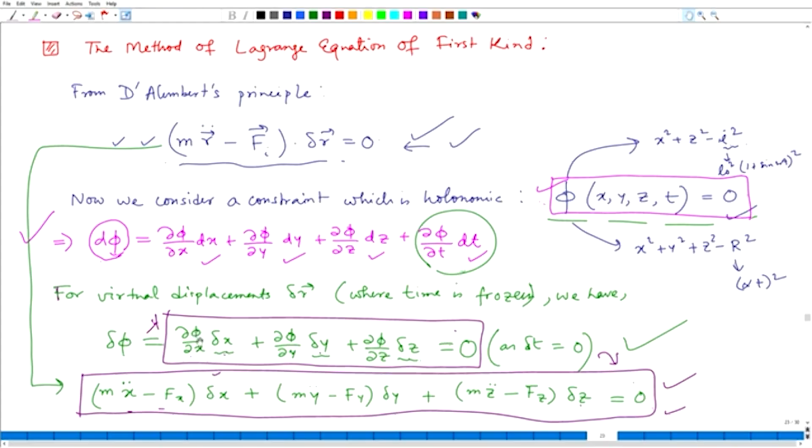Instead of saying that individually they are 0 and their exact sum is 0, another more general mathematical conclusion is that if you multiply some arbitrary function here, let us say some m1 here and some m2 here, and then you add, then also you will get 0.